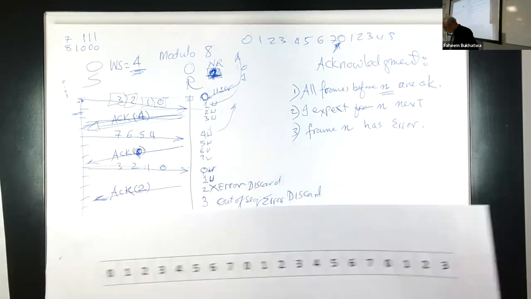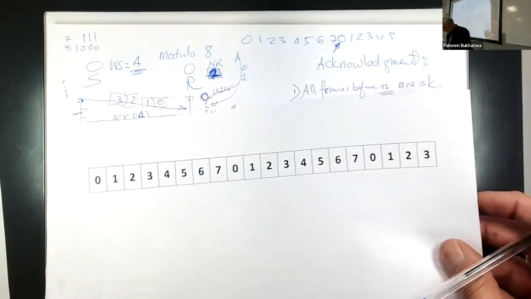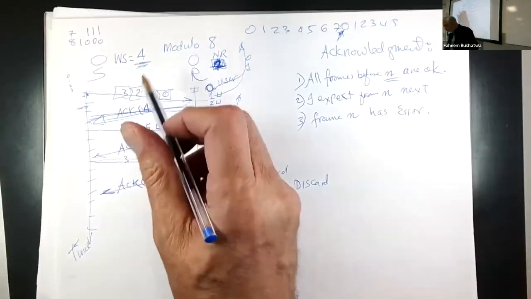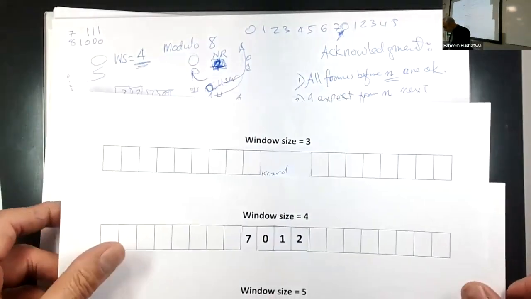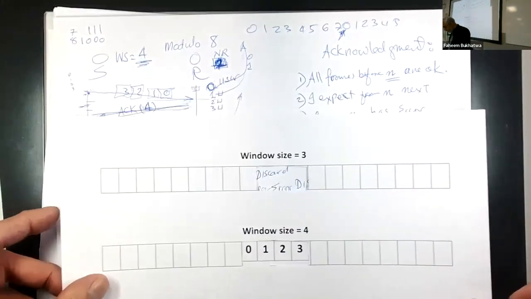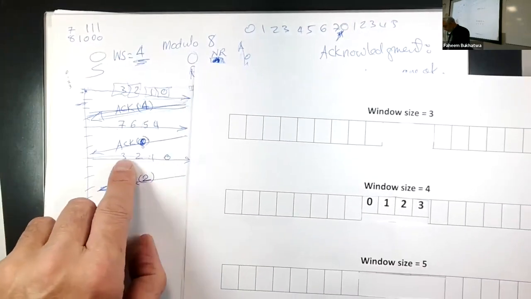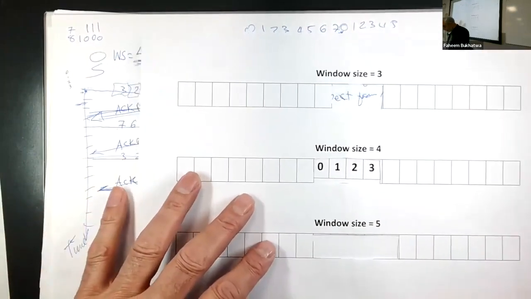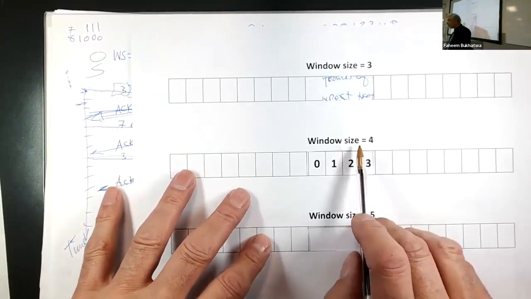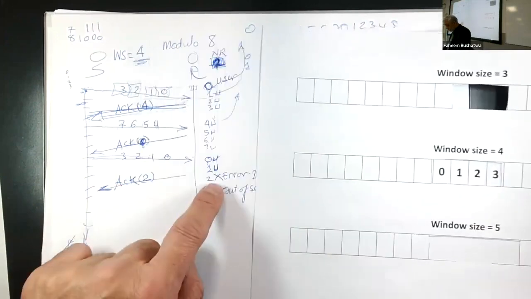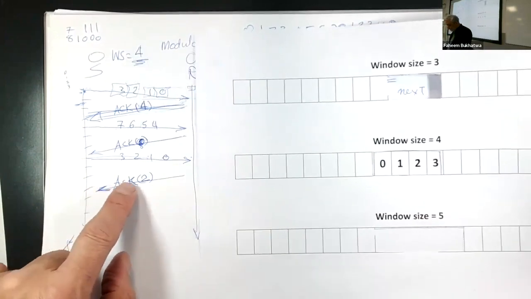This is exactly like this situation here, where we're using window size 4, and we're at this stage. The sender sent frames 0, 1, 2, and 3, and here they are, because our window size is 4, and the receiver sent back acknowledgement 2.